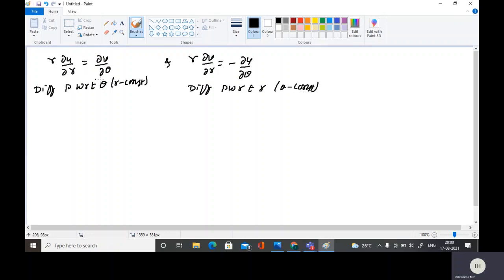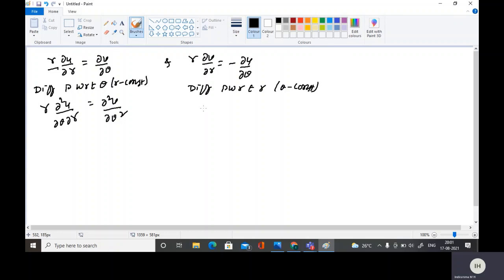So with respect to theta, R constant means keep R as it is. Differentiation of ∂U/∂R with respect to theta is ∂²U/∂θ∂R, which is equal to ∂²V/∂θ².